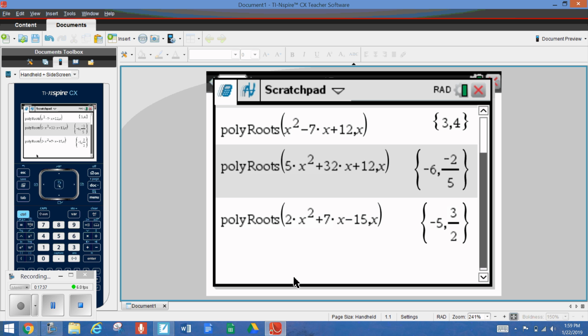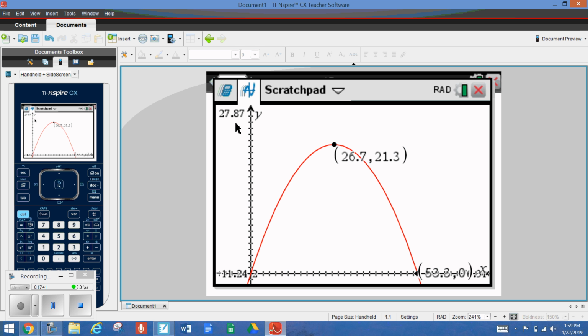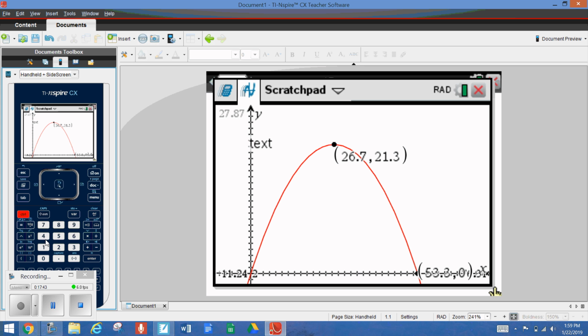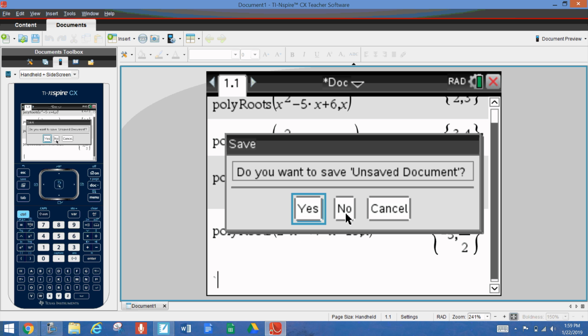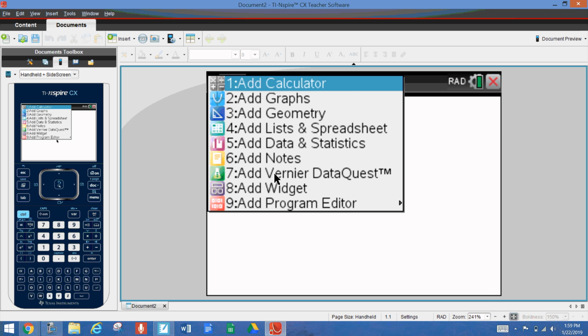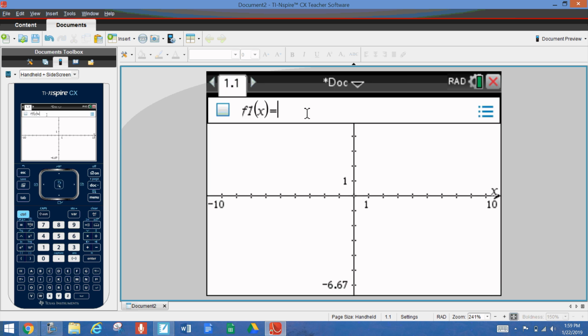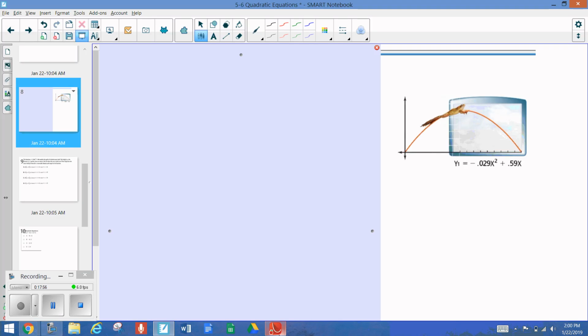But I'm going to use the graph function of the calculator. Open a new one. In this case, we're going to use the graphing tool. Negative 0.28, plus 0.59x.